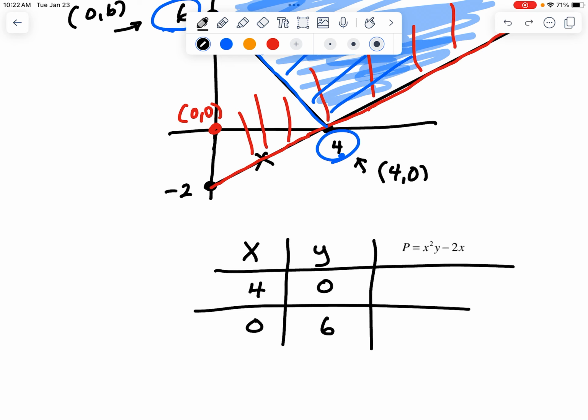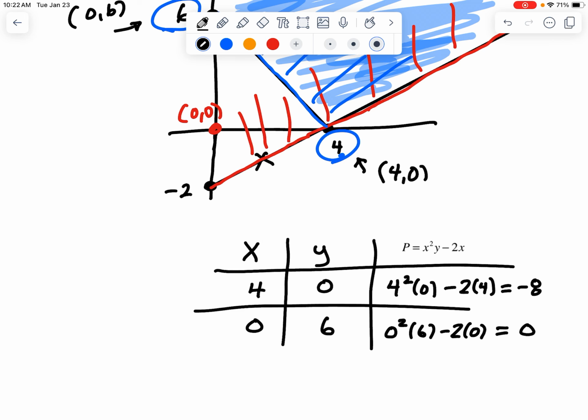So if x is 4, that's going to be 4 squared times y is 0 minus 2 times x. So that equals -8. Then go to the next one and plug in that x is 0 and y is 6. And then that one would be 0 minus 0, so it's 0.